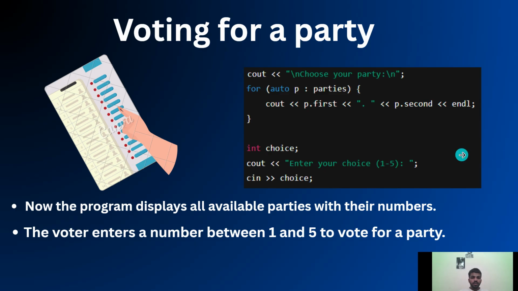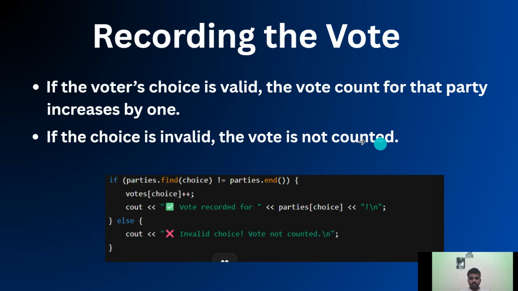Next, how it records the vote. If the voter's choice is valid, the vote count for that party increases by 1. If the choice is invalid, the vote is not counted.